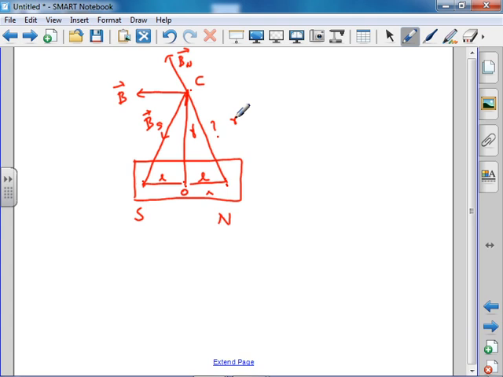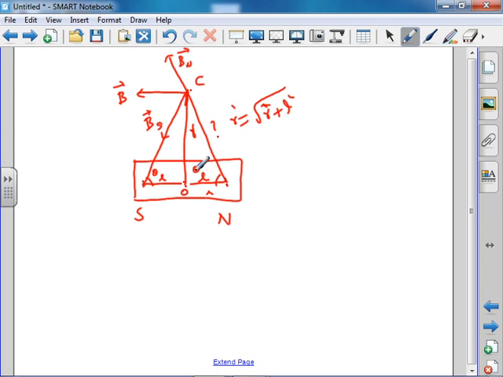Let us assume this distance as r', that is equal to square root of r square plus L square, and let us assume the angle made is theta. Shall we find out what is theta, cos theta here?